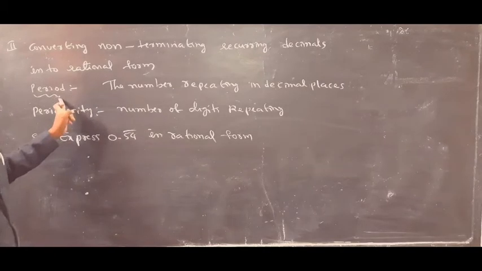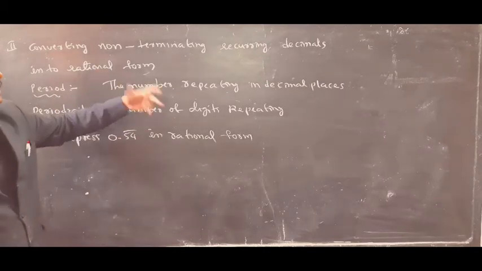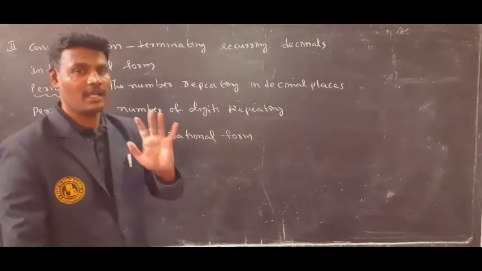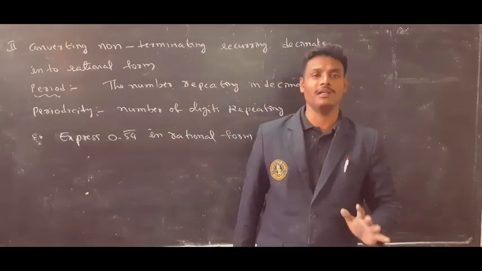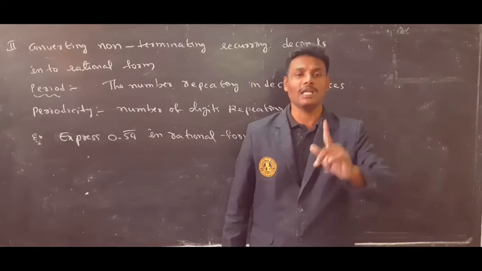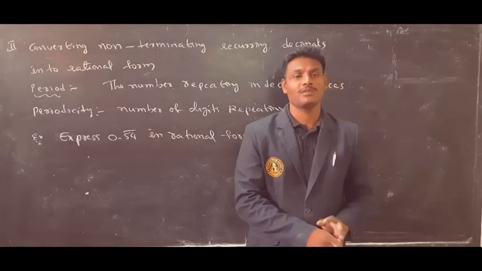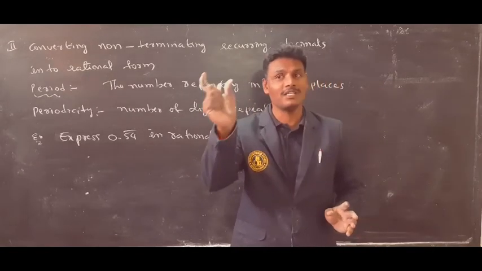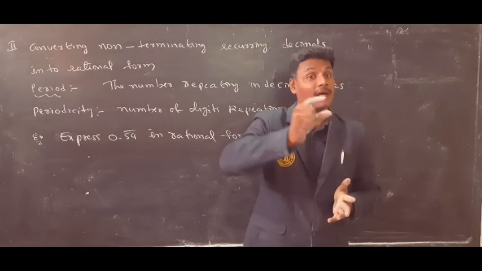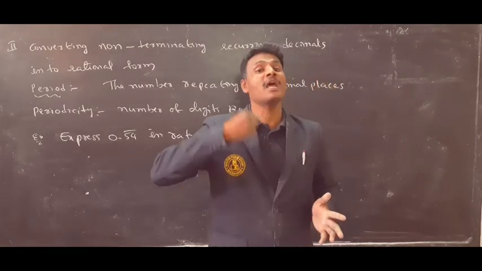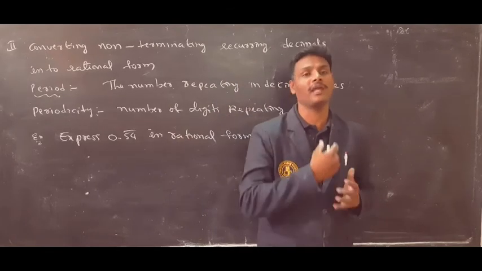What is the period here? The number repeating in the decimal place is called a period. How many numbers are repeating? That is called the periodicity. Periodicity is the number of digits repeating.